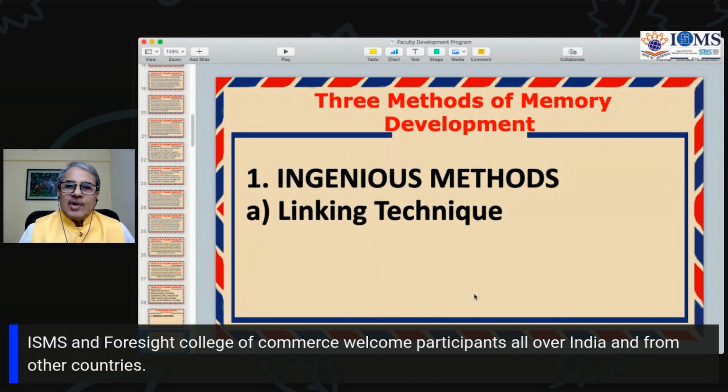Remember one thing, in the chapters, especially in commerce subjects, arts subjects, humanities subjects, in languages, management subjects, the authors write in paragraphs. Wherever paragraphs are written, the linking technique will work wonders.